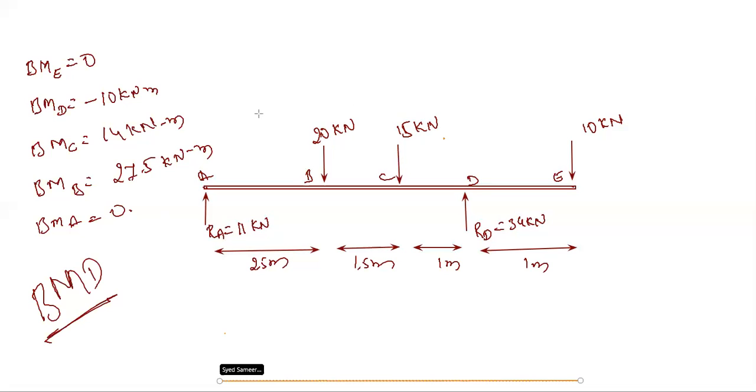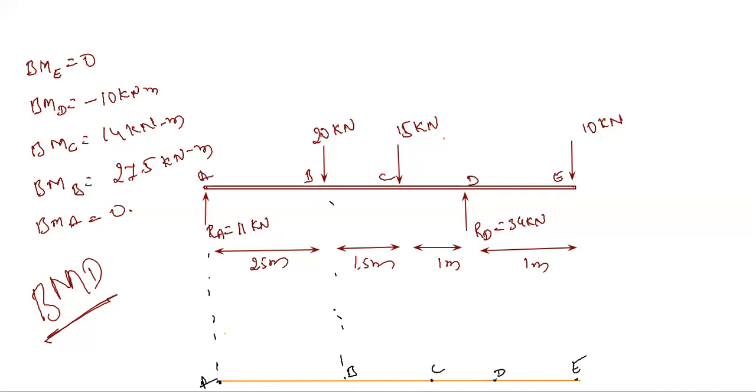Once we define this, the next step is to define the sections. From here, if you take this as section A, this is section B. Similarly, this is section C, this is section D, this is section E. Once we define this, the next step is we need to draw the magnitude values. At E we have bending moment 0.